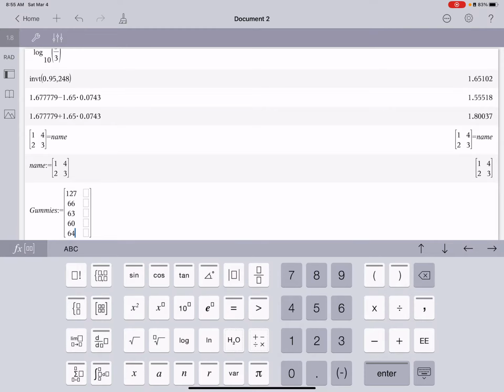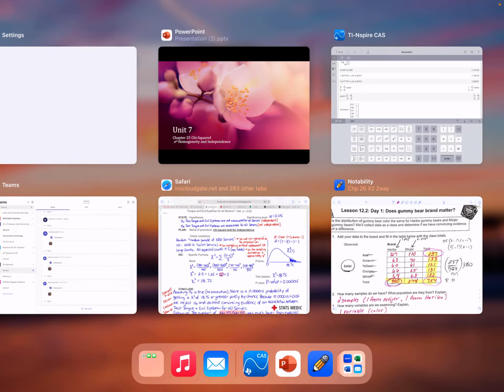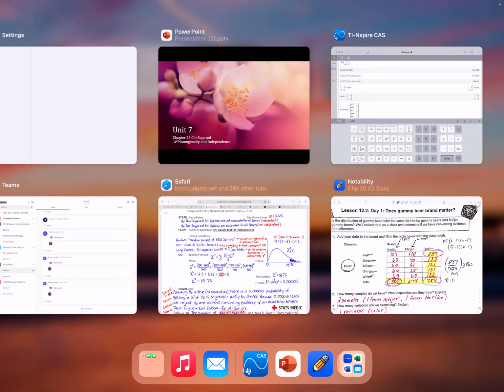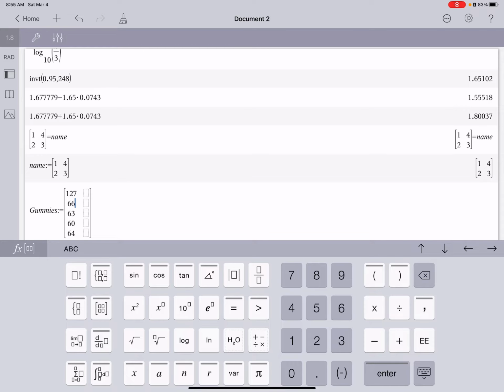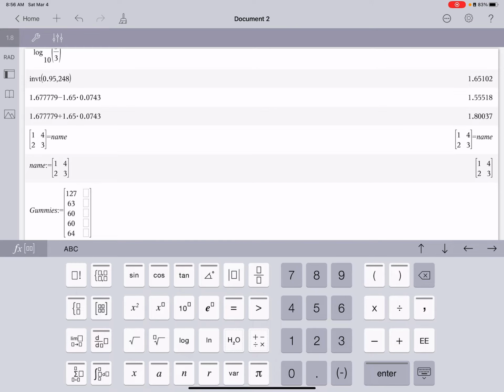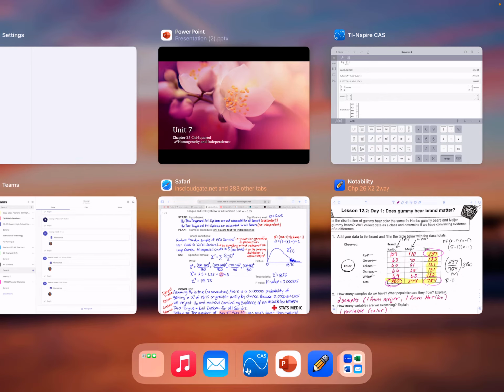Let me just double check. I'm not sure I got that right. I got the whole thing in the wrong order, so let me try that again. Okay, so 63, I think it's 66, and 64.